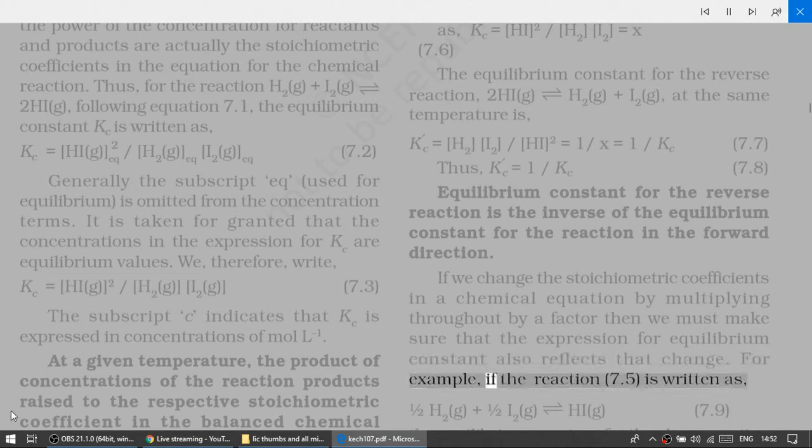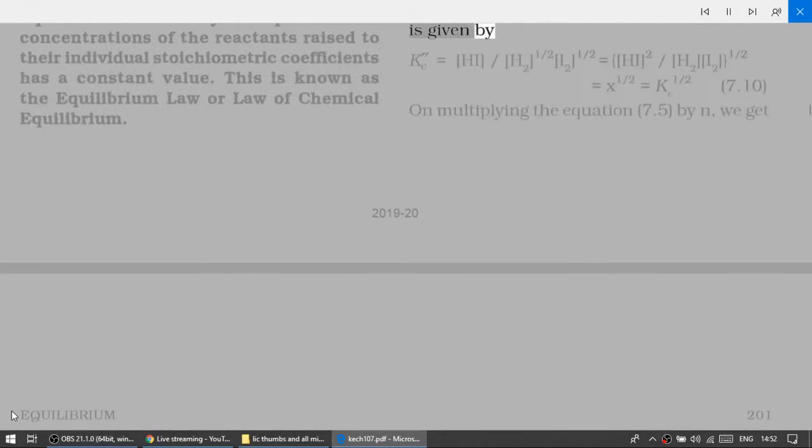For example, if reaction 7.5 is written as ½H2(g) + ½I2(g) ⇌ HI(g) (7.9), the equilibrium constant for the above reaction is given by K'c = [HI] / ([H2]^½[I2]^½) = {[HI]² / ([H2][I2])}^½ = x^½ = Kc^½ (7.10).